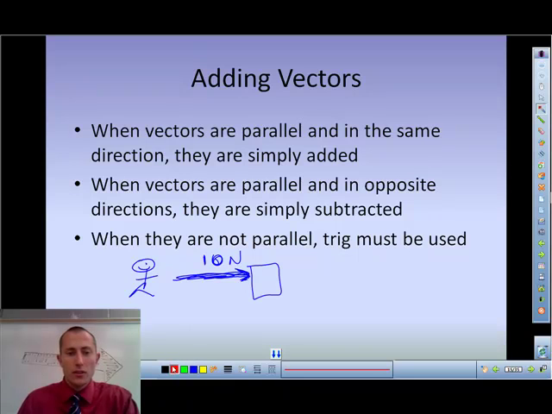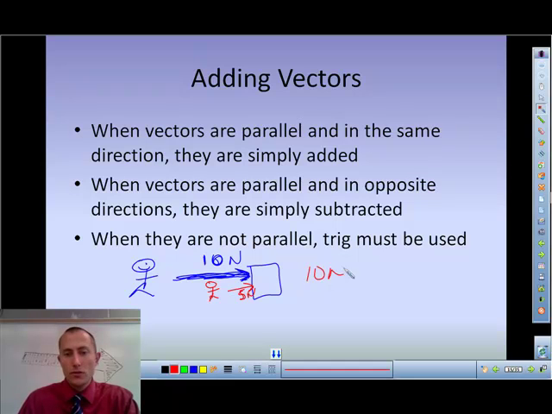Now along comes his buddy, slightly smaller buddy, to help push. He only pushes with a force of 5 newtons. Okay, now, the forces are in the same direction. They're vectors. The net force here is going to be 15 newtons.